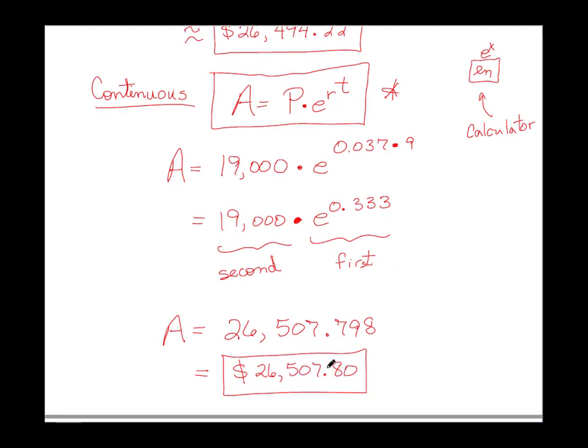That's if the compounding to recalculate the interest was done all the time. So, continuous compounding has this formula. If it's a fixed number of compounding periods, it's the other formula.